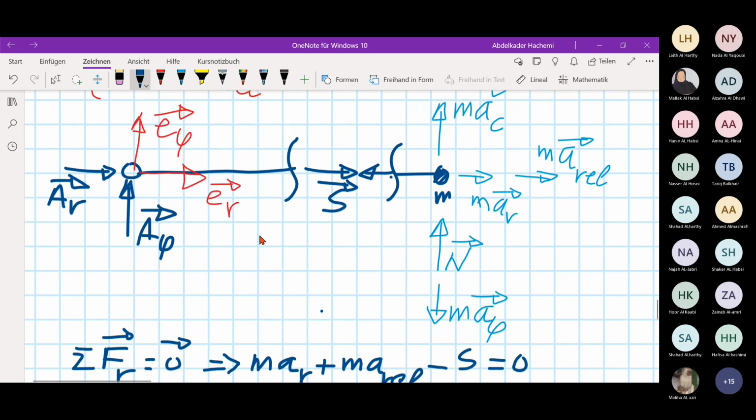Then it means we look completely at this part here. We have AR plus S equal to 0. Now if we look at the support, only the forces, we have only here N, which is also N, in equilibrium.